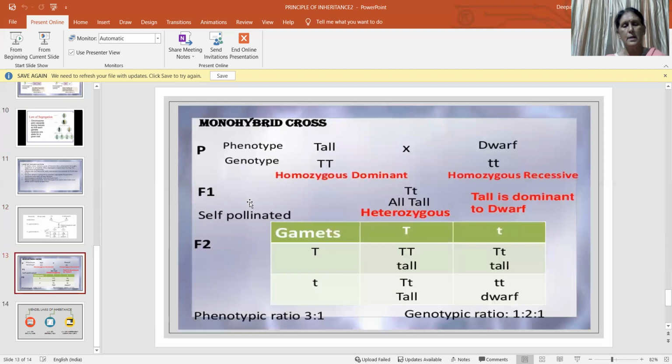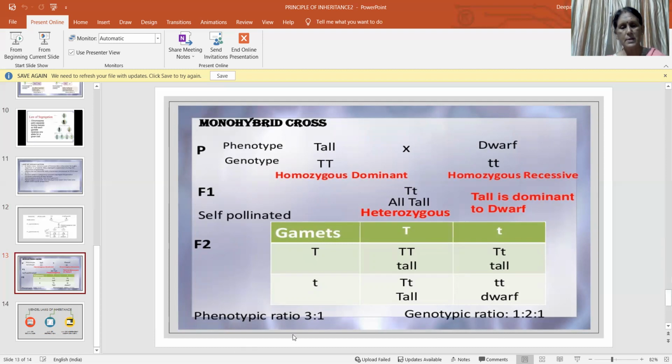So here I also give the monohybrid cross. Again, when tall and dwarf are crossed together, in the F1 generation capital T small t heterozygous conditions are formed, and when they are self-fertilized, they produce 3 tall and 1 dwarf. The monohybrid phenotypic ratio is 3:1, and the monohybrid genotypic ratio is 1:2:1.